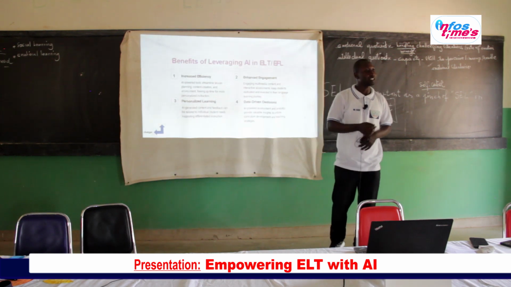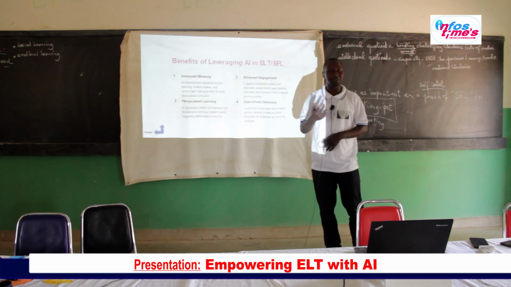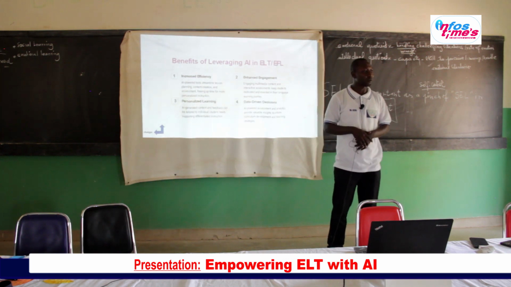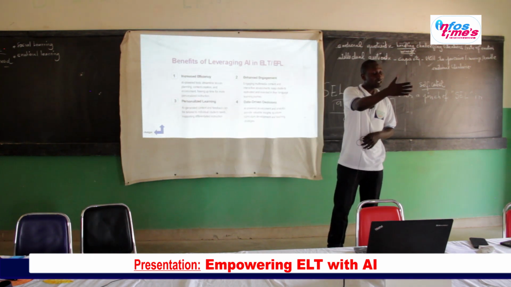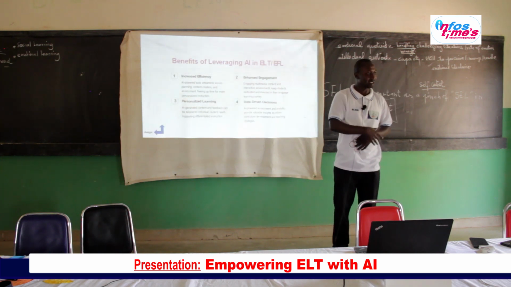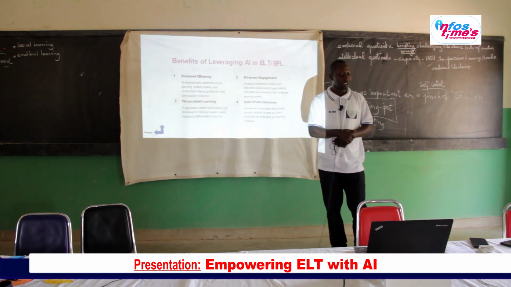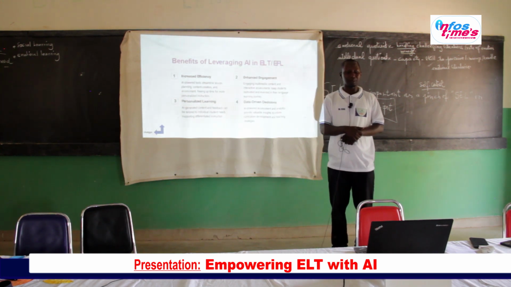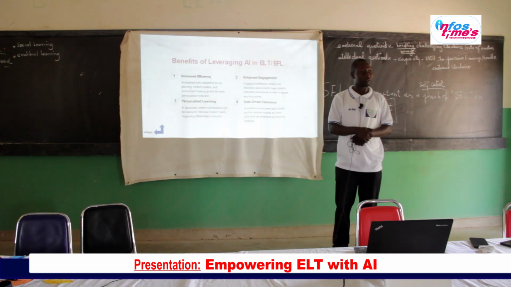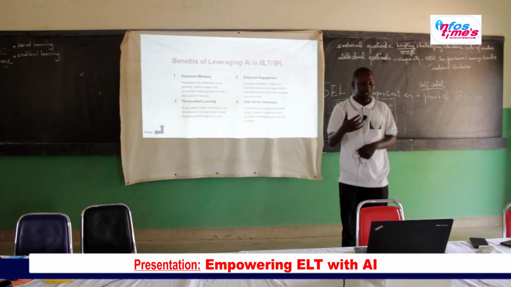I can say ChatGPT is my best advisor. It is my best friend. When I'm in a hurdle, when I face challenges, like handling classes, I can go and ask for advice from artificial intelligence, from ChatGPT. Before you react, I will show you a demonstration of ChatGPT's capacity. So let's see.